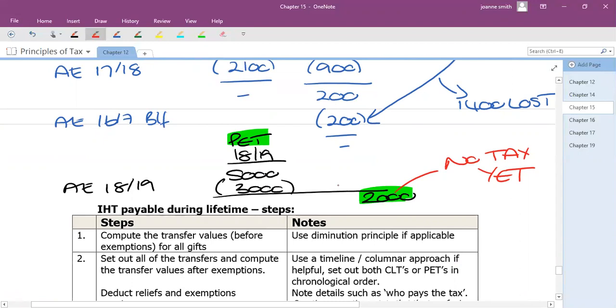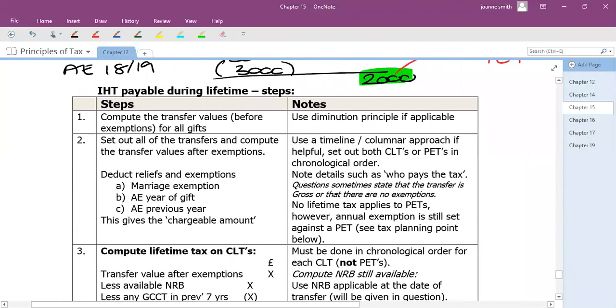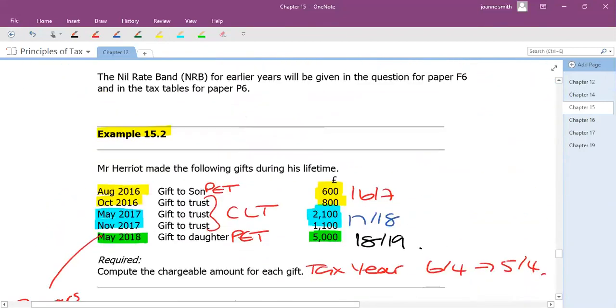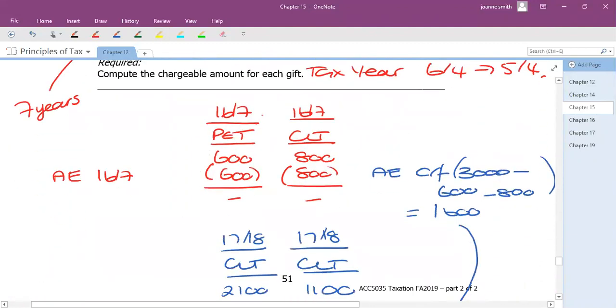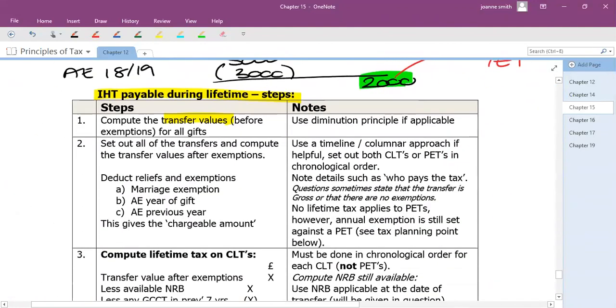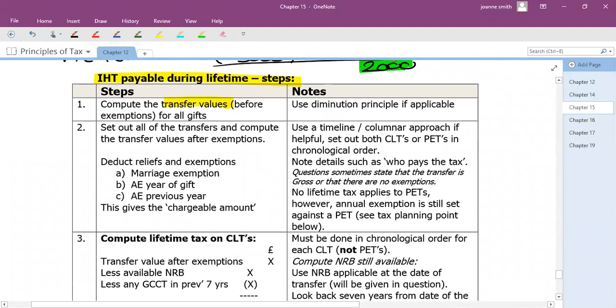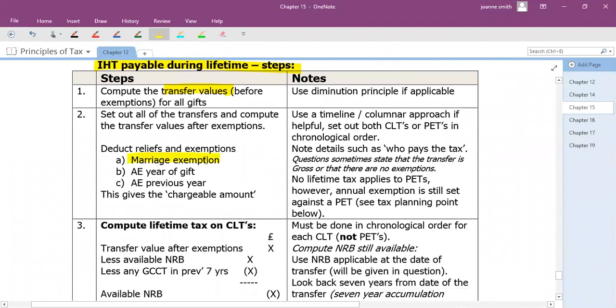Now, the final page you've got here has got really a summary of how we approach IHT. Just the general idea is you work out the transfer value. So like the first example, thinking about what the loss in the estate was. In these examples here, they told us what it was worth, so we didn't have anything to do there. Then we look to see if they get any exemptions. So was the gift given in marriage, in which case who gave the gift, how much can we deduct?